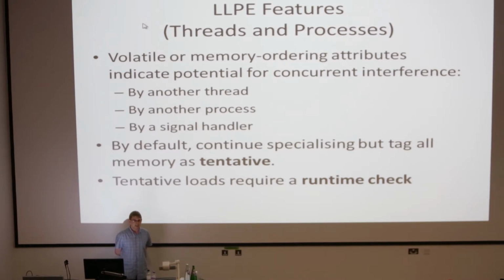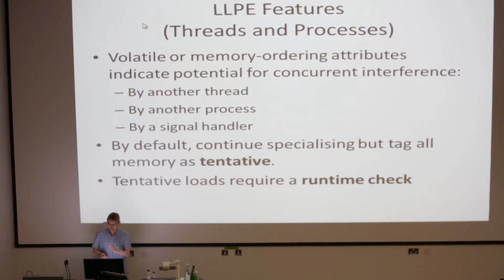What happens then is whenever you load from symbolic memory, and we think we know it, but it's tentative, that means it's time for a runtime check. That means we need to check that the value is actually as expected. Much like in the case where a file had been modified by concurrent action by another process, by the user, whatever, in that case we're going to bail out of our specialization and branch into unmodified code in the same way.